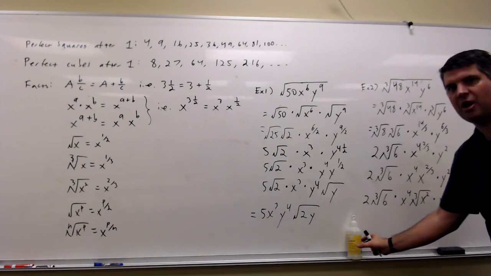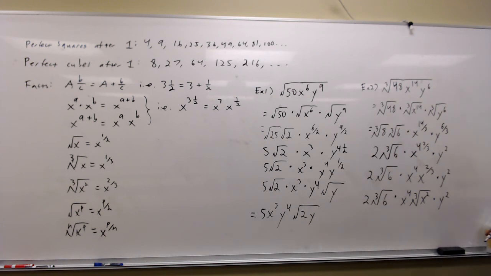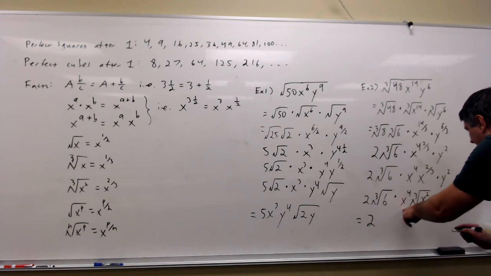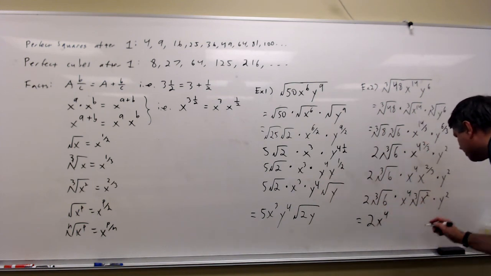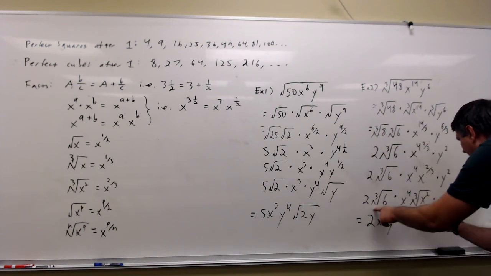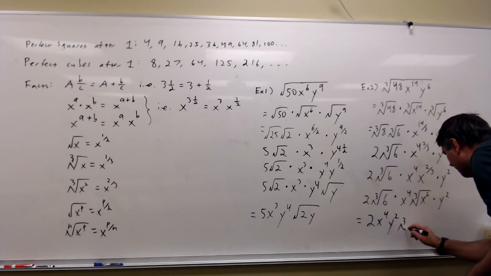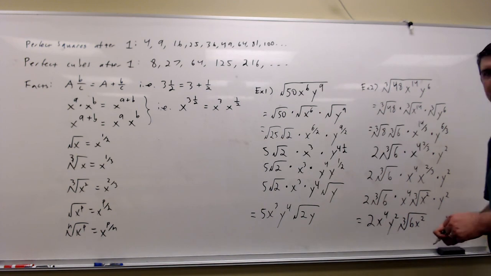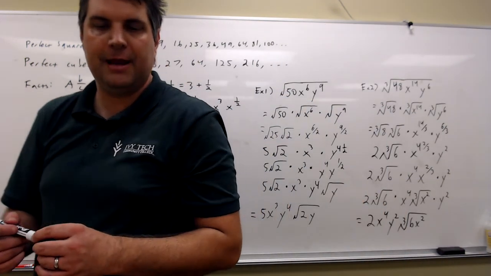And then the final result is I will simply multiply the numbers outside the radical, 2x to the 4th y squared times the cube root of 6x squared. All right, and I'm done.